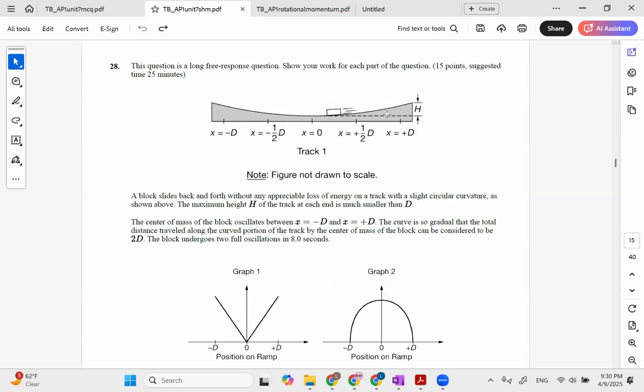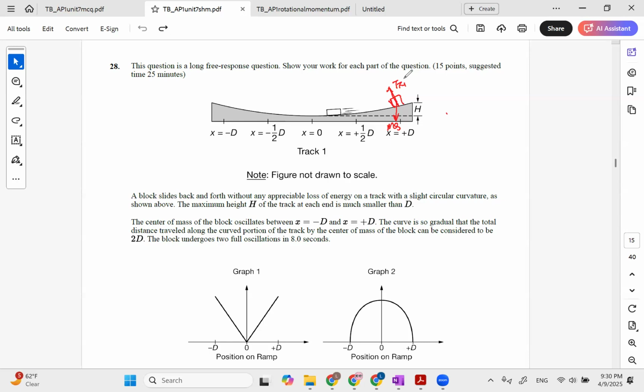What force is giving you the restoring force? Is it potential energy? Oh, I mean the gravity. Gravitational force, right?